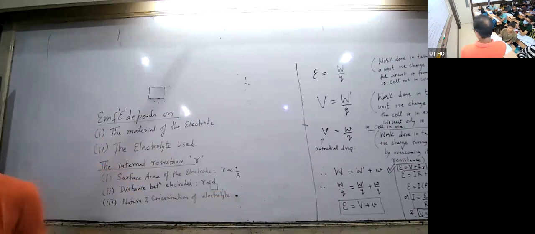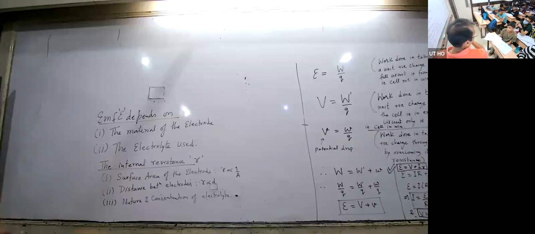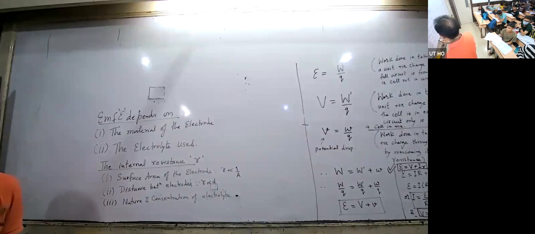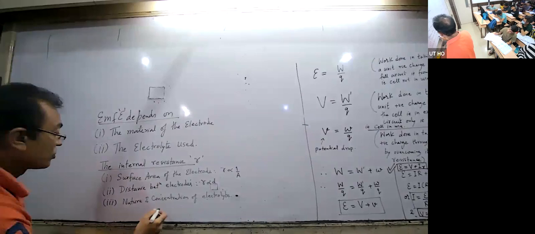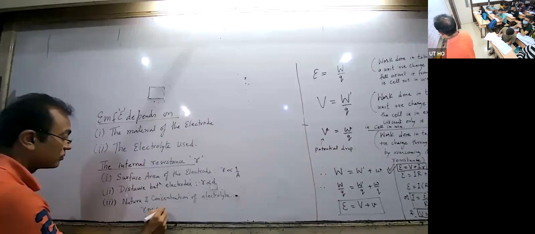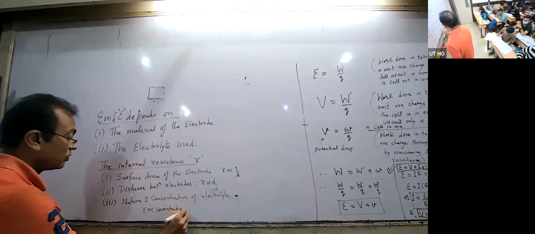Diluted. So the more concentrated the electrolyte is, the fewer the free ions. Therefore, the resistance will be more. More concentration, more resistance. So it's directly proportional to the concentration of electrolyte. Got it?